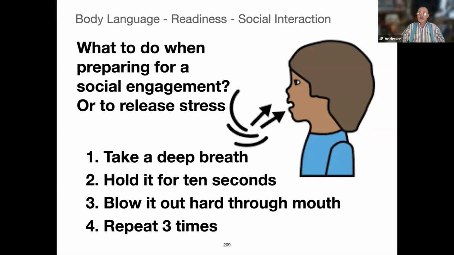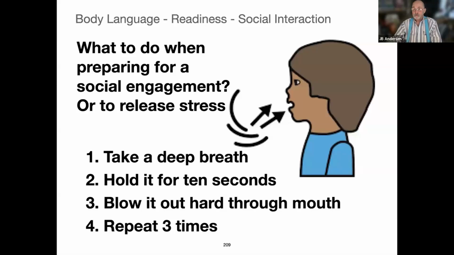Well, there's a method for relieving stress. You take in a deep breath, hold it for 10 seconds, blow it out hard through your mouth. Repeat that 3 times and you feel much better. So deep breath, really breathe in.